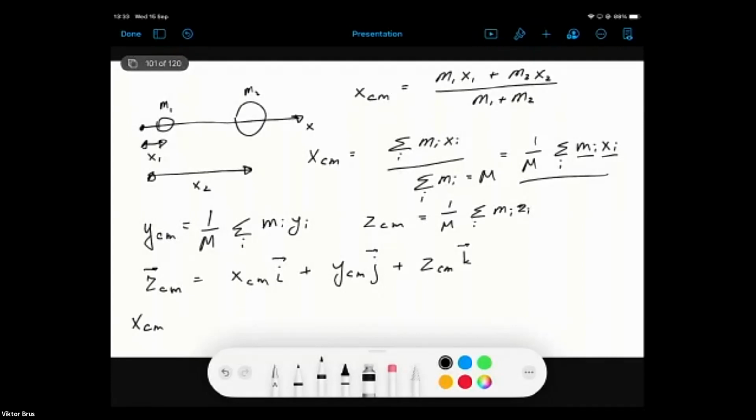So the position of the center of mass for a continuous body should be defined as follows. Limit of delta m_i, we consider, approaches zero. Then we have 1 over the total mass of the system times the sum for all these small parts of the body, delta m_i times x_i.